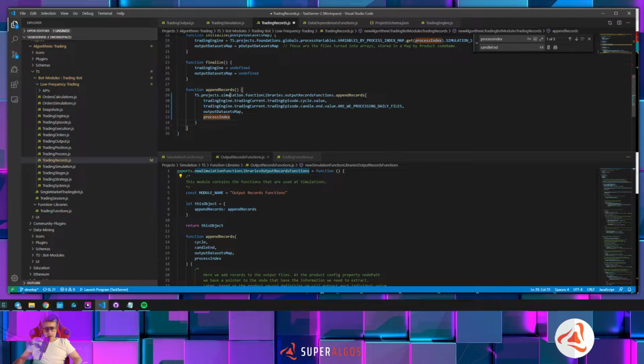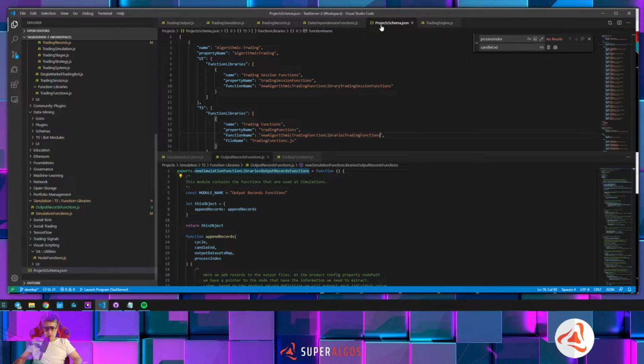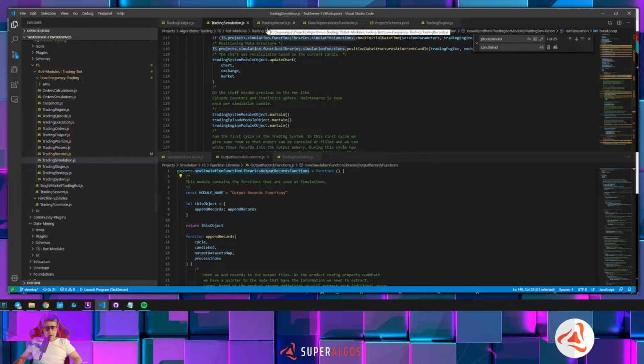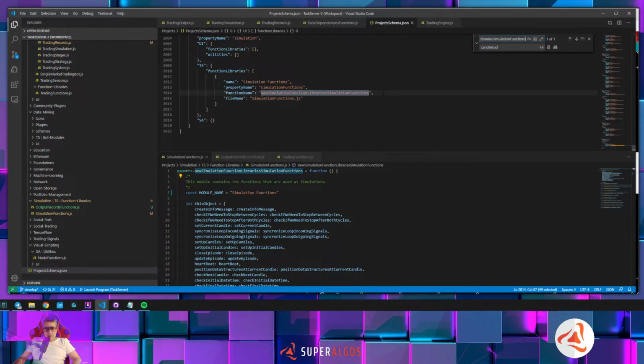But it's at the simulation project, all good. So we will need simulation functions. We will use it to get to the profile schema. Copy this.